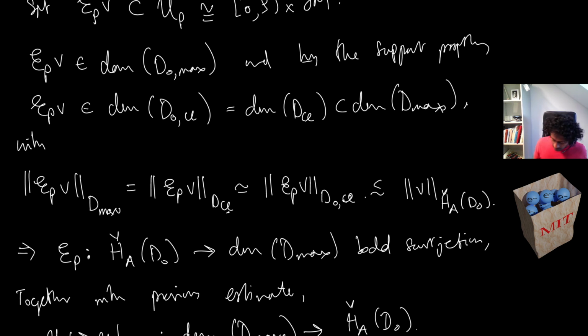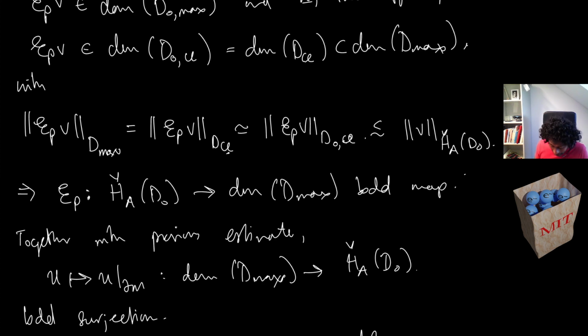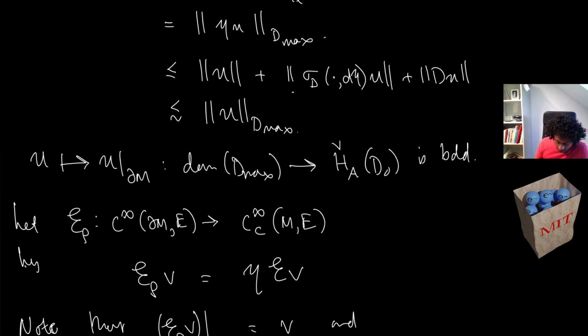You mean here, sorry, yes, this is a bounded map. Sorry, the bounded surjection, that's right. The surjection is the restriction map. So the fact that for every element in H check, we can produce an element in D max, and the fact that the restriction from DOM D max lands us in this space means that this space has to be H check of D. Right?